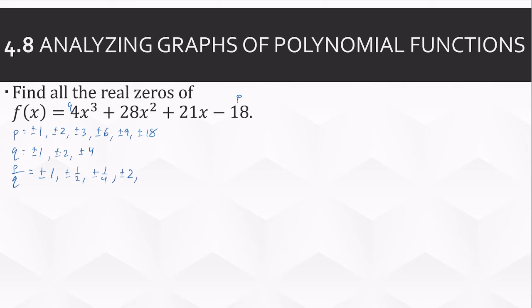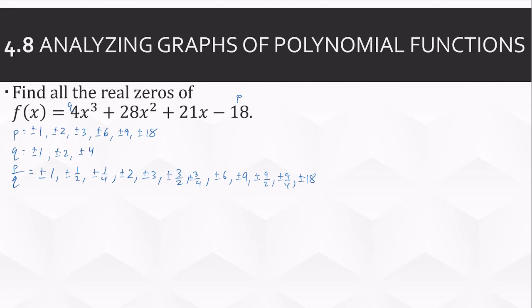Oh, sorry, it's a half. 3 over 1, 3 over 2, 3 over 4. 6 over 1, 6 over 2 is the same thing as 3, which I have, and 6 over 4 is the same as 3 halves, which you already have. 9 over 1, 9 over 2, 9 over 4, 18 over 1, 18 over 2 is 9, I already have that. 18 over 4 is 9 halves, which I already have. So that's our list of p's and q's.